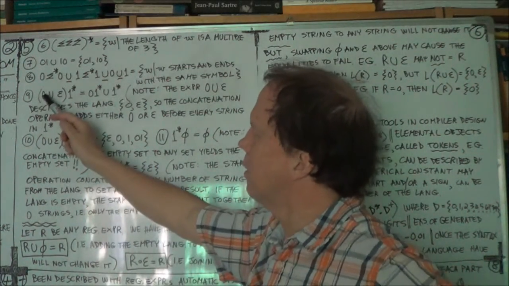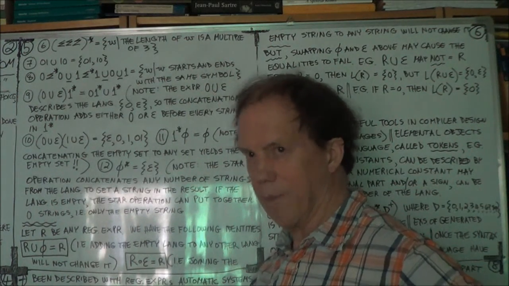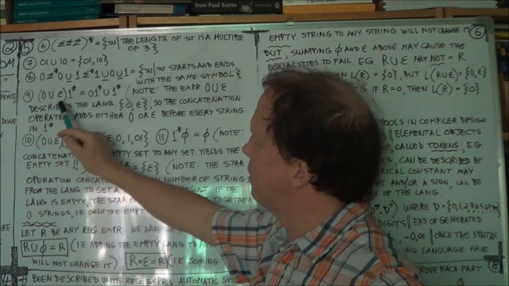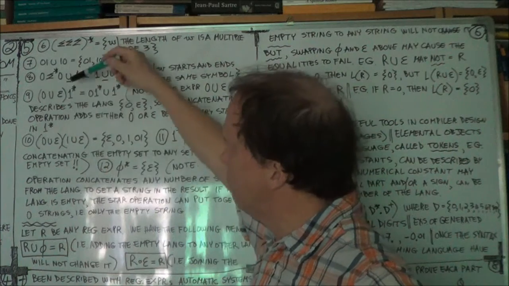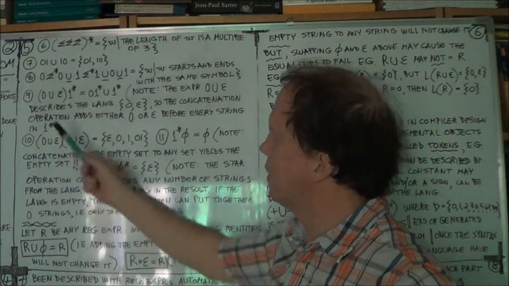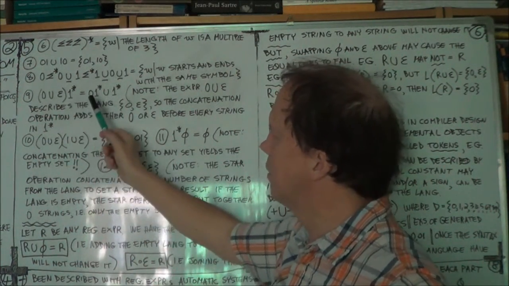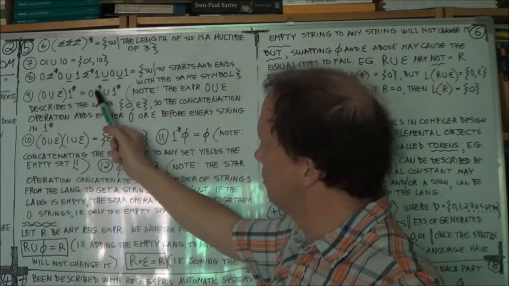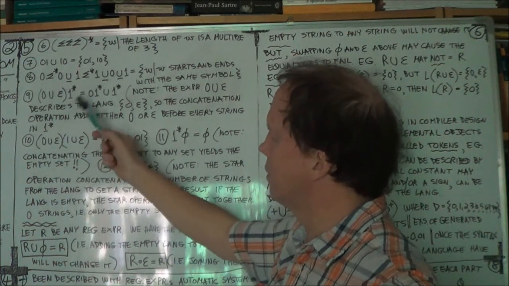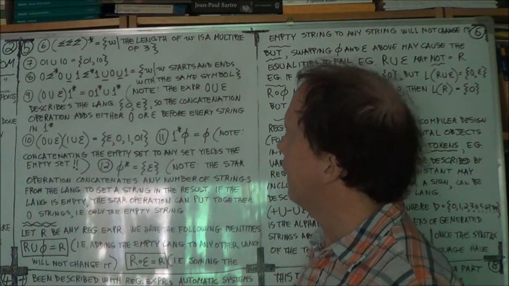So the set with a 0 element and the eta element, the empty string, right? So then there's an implicit little circle. You're concatenating then this set, which is 0, eta, with 1 star. So you'll get either 0, 1 star, or eta 1 star, which is just the same thing as 1 star.